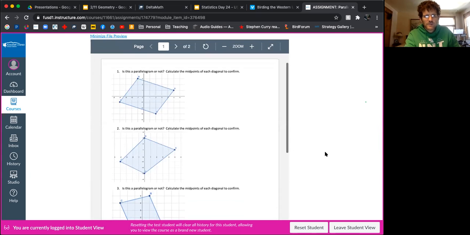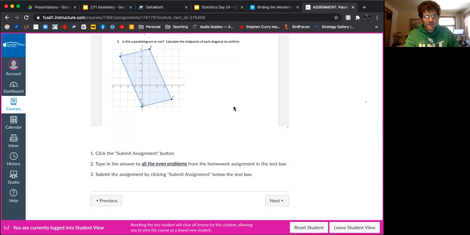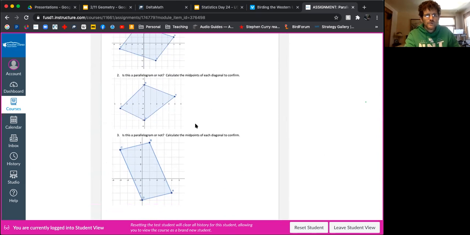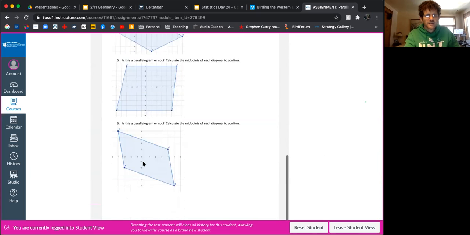You only need to do the even problems, all the evens. So there you go, 2, 4, and 6. And you can see the instructions right here. Is this a parallelogram or not? Calculate the midpoints of each diagonal to confirm. So you need to take these 2 points, just like we did before.